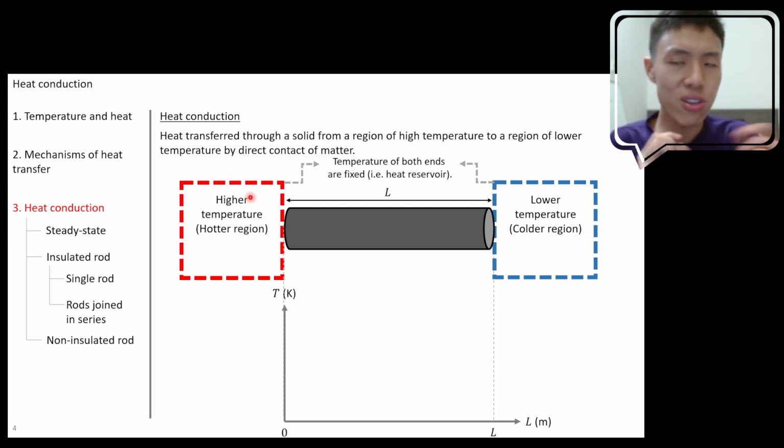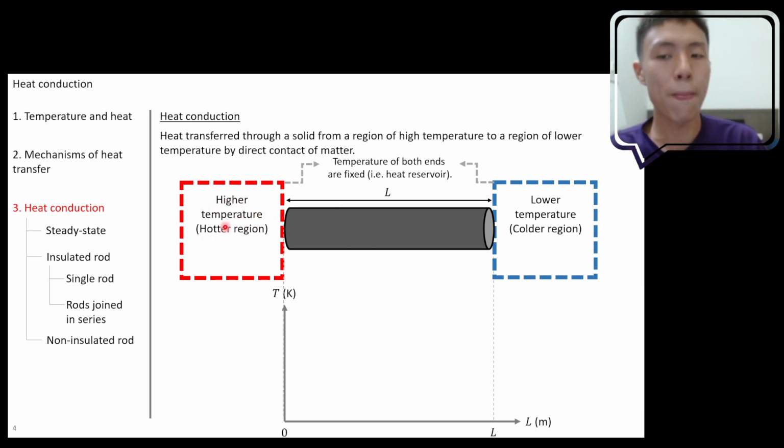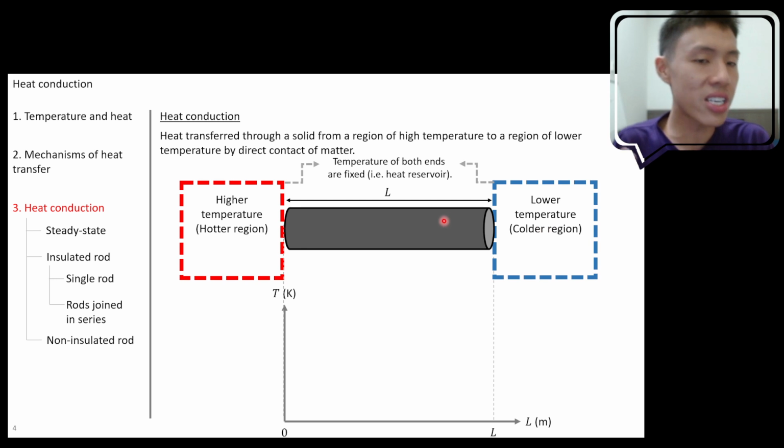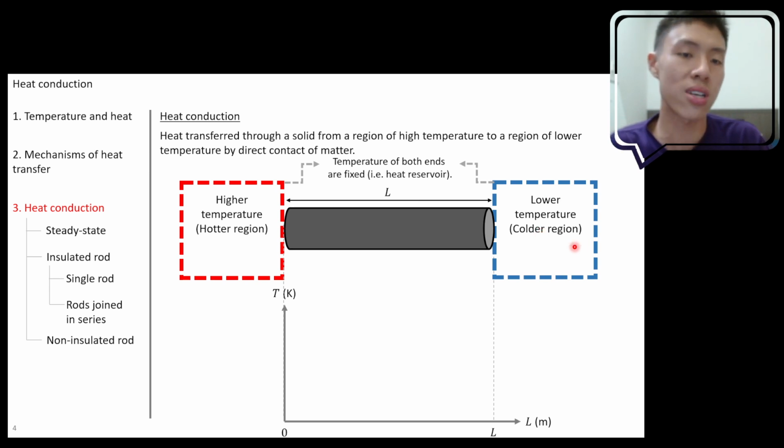So to summarize, the rod takes away energy from the hotter region, but you're applying a fire to keep the temperature constant at 100 degrees Celsius here. Energy keeps entering the colder region, but because you place a lot of ice there, you absorb away the energy so that the temperature remains at 0. So this is how we maintain the temperature at both ends over here.